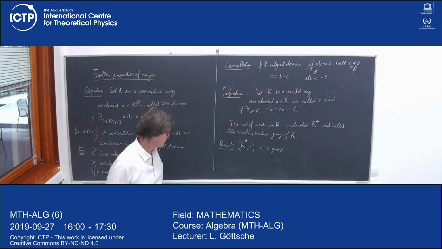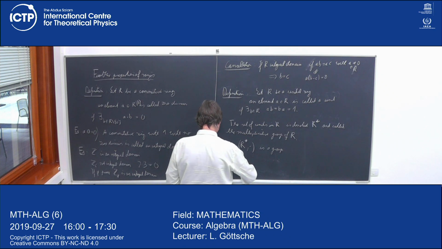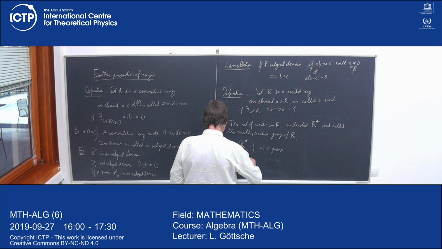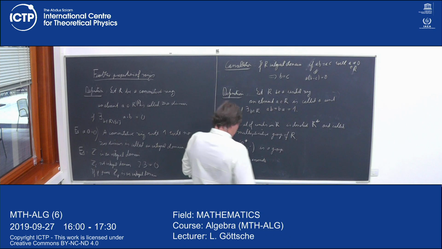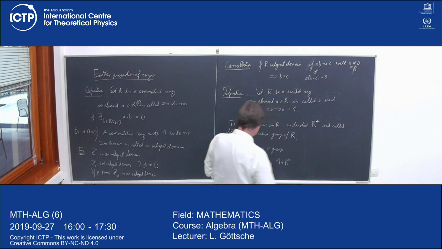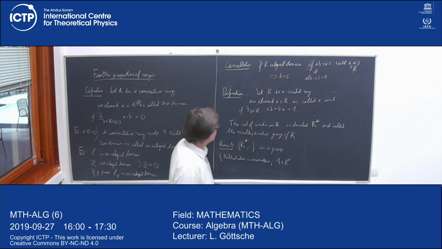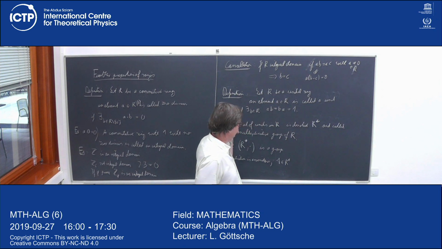I mean, there's not very much to see. We know the multiplication is associative. We know that 1 is in R star and is a neutral element, and if A is a unit, also A to the minus 1 is an element, and if A and B have an inverse, then also the product of A and B has an inverse, namely the product of the inverse of B and the inverse of A the other way around.